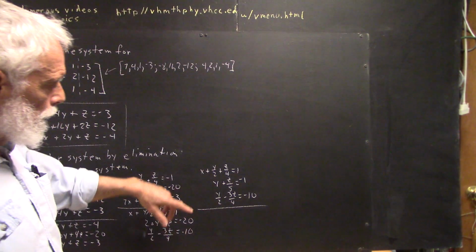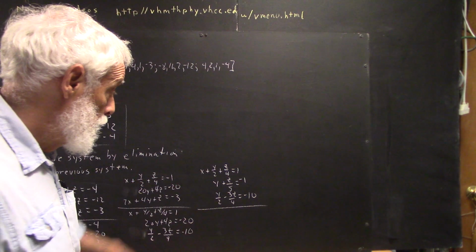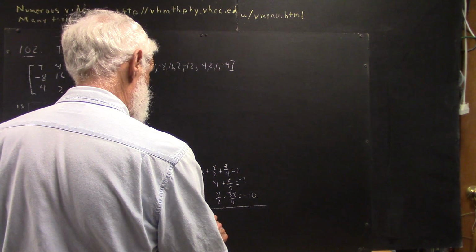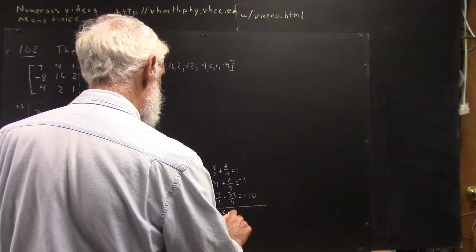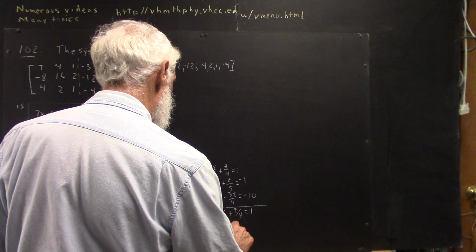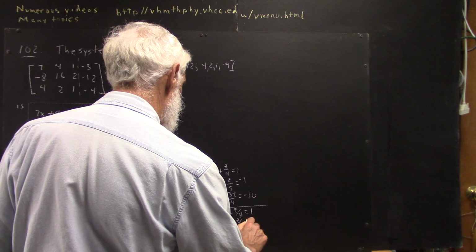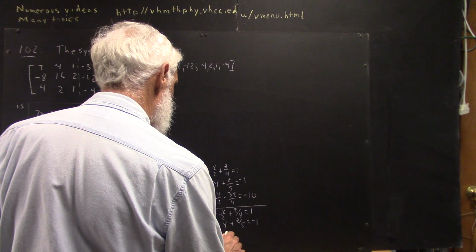And now you see that I can add -1/2 of this row to this row to give me 0. So I'm going to have x plus y over 2 plus z over 4 equals 1. Y plus z over 5 equals -1. And then I'm going to have 0 here.